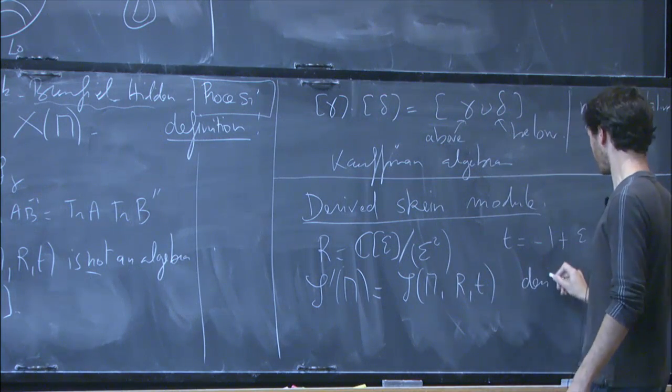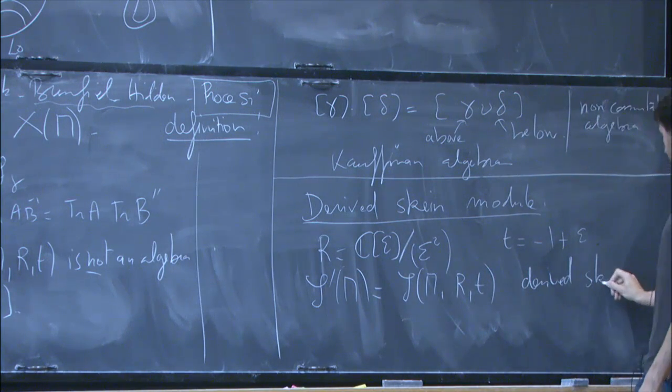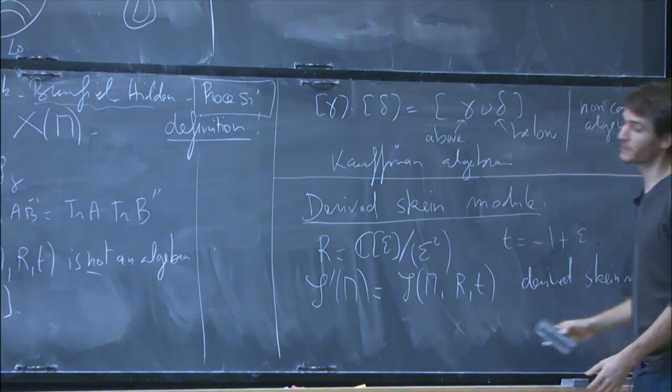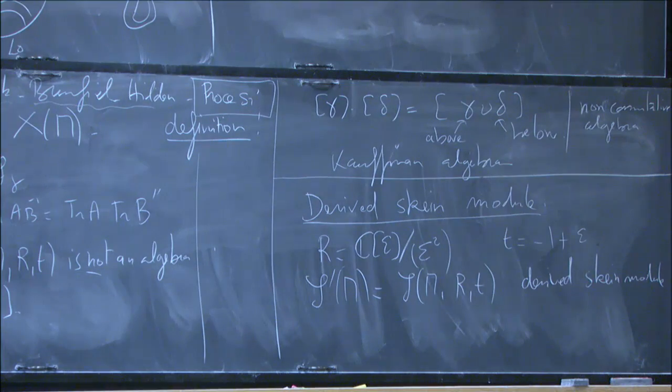And this is a derived skein module. And let me try to convince you that it's an interesting thing to look at. So let us look at the case when M is equal to sigma cross [0,1].